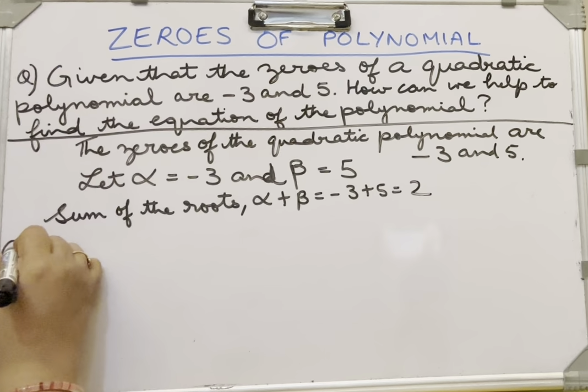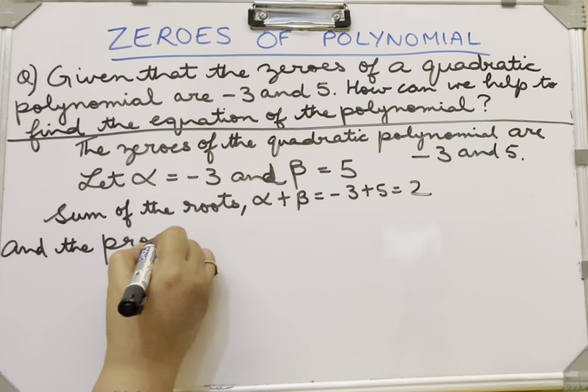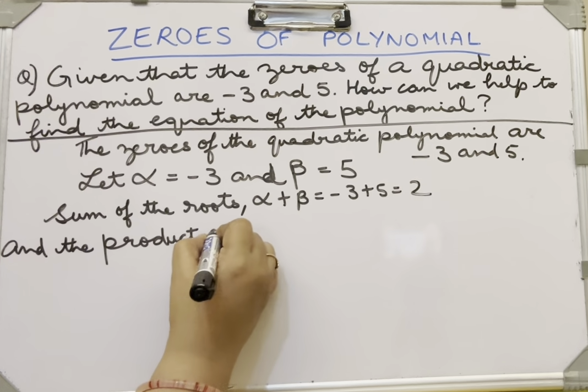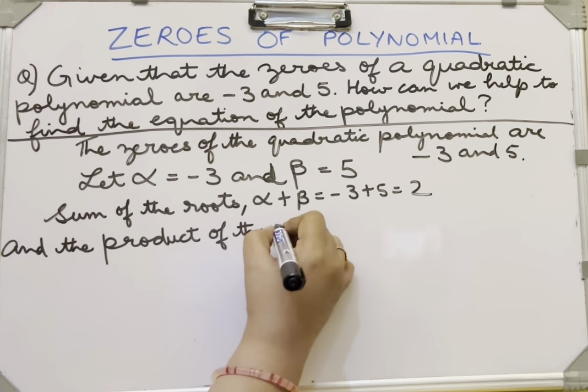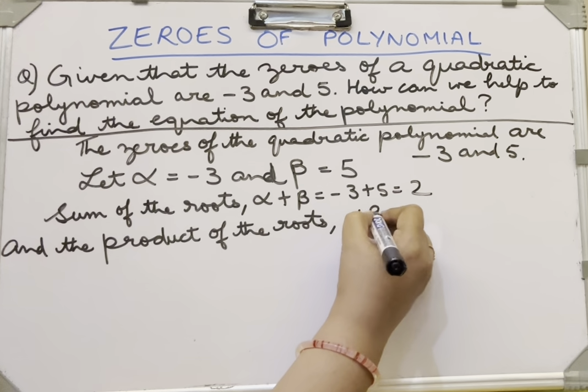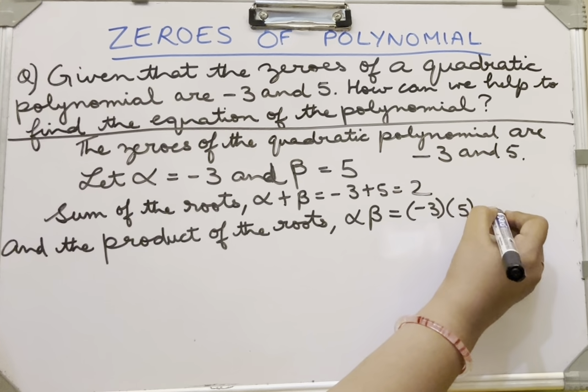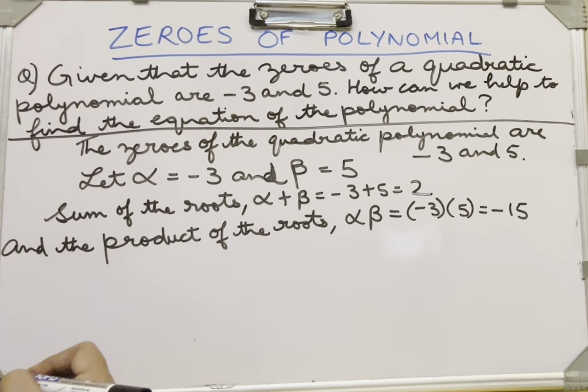And the product of the roots will be alpha beta, which is -3 multiplied by 5, which is -15.